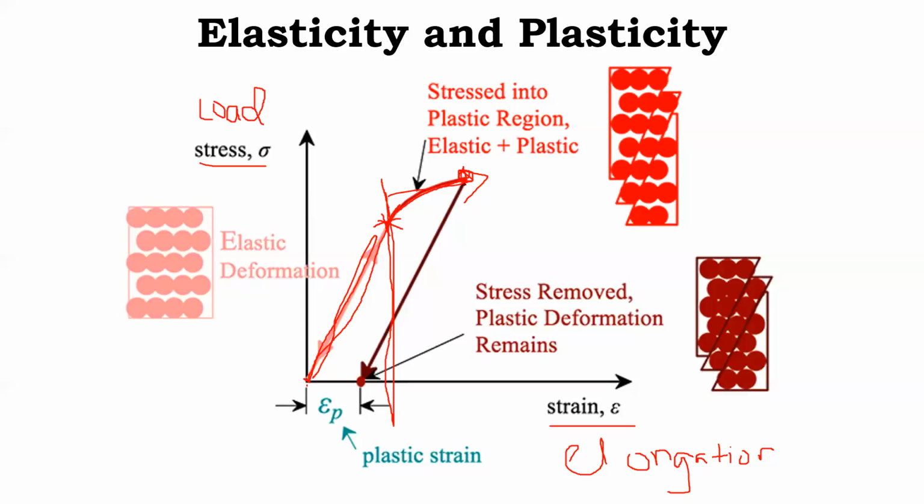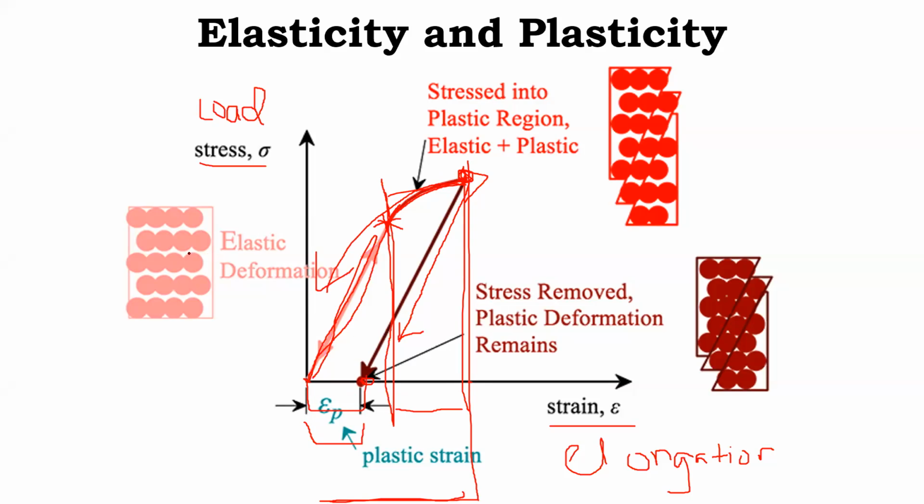It will not travel back like this, because that is not possible, as plastic deformation has already taken place, but it will travel something like this. So this deformation is always present because it is plastic deformation, but this much of deformation we have removed. Here total deformation was this much. Out of this, this much elastic deformation has been removed, and this much plastic deformation remains.